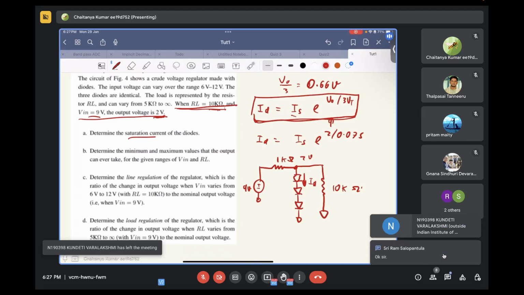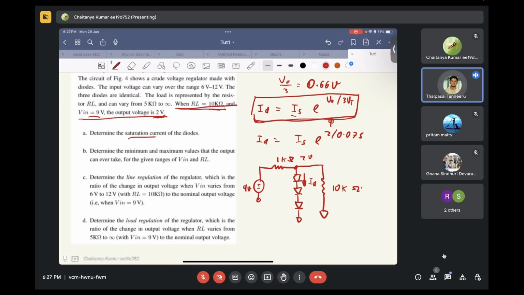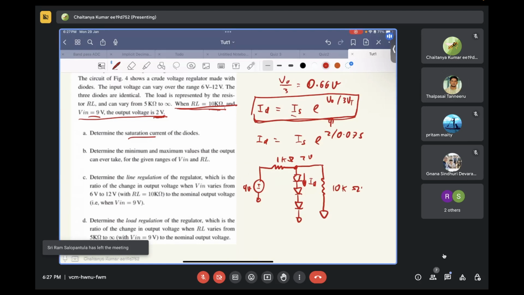Okay, so quickly, can anyone tell me what will be the value of ID in this condition? Sir, ID would be 7 milliamperes. Let's see if it is correct.